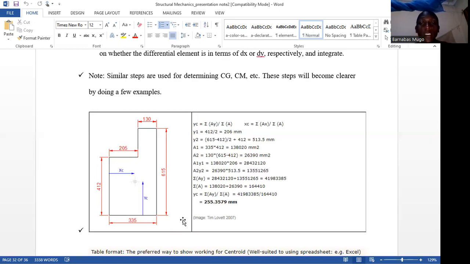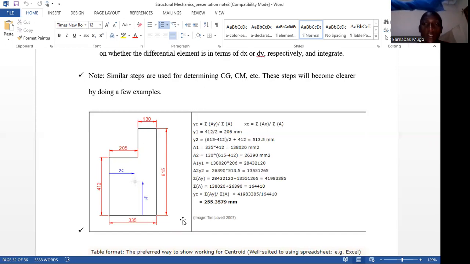The same case you are supposed to follow for XC, but in this case, as XC is going to come from the left hand side, the line 412 will be the reference line. So you just follow the same procedure so that you can obtain XC, and then you just go to XC, comma, YC.